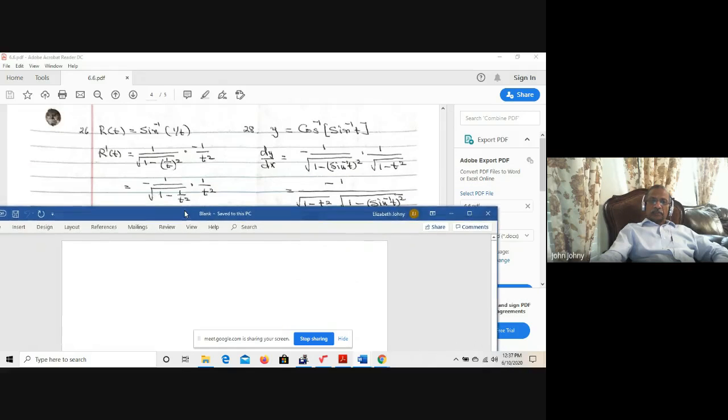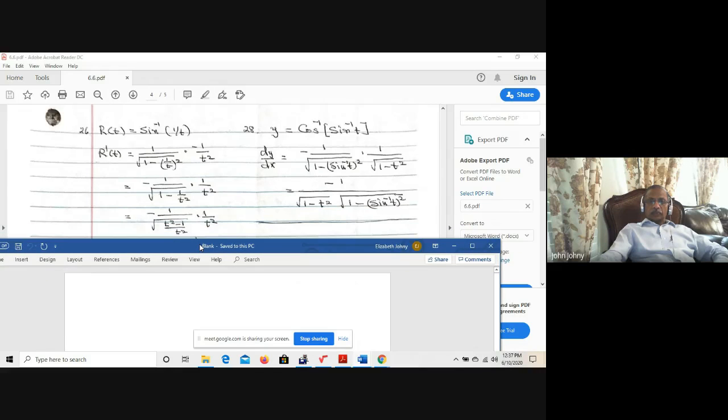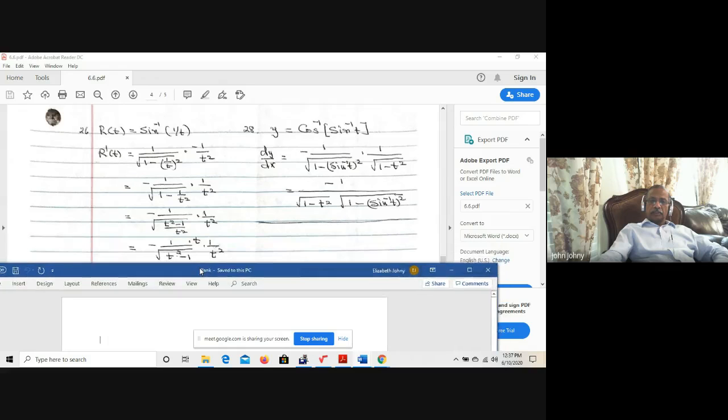So that is equal to negative 1 over square root of 1 minus 1 over t square times 1 over t square. That is equal to negative 1 over square root of t square minus 1 over t square, multiplied by t square.